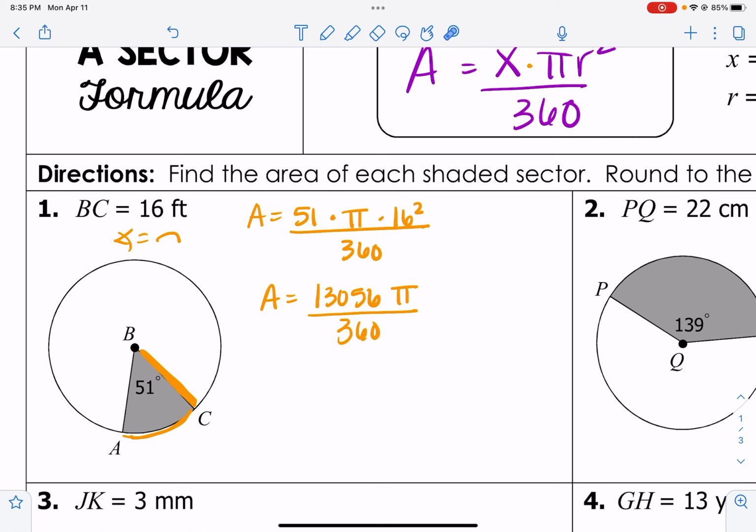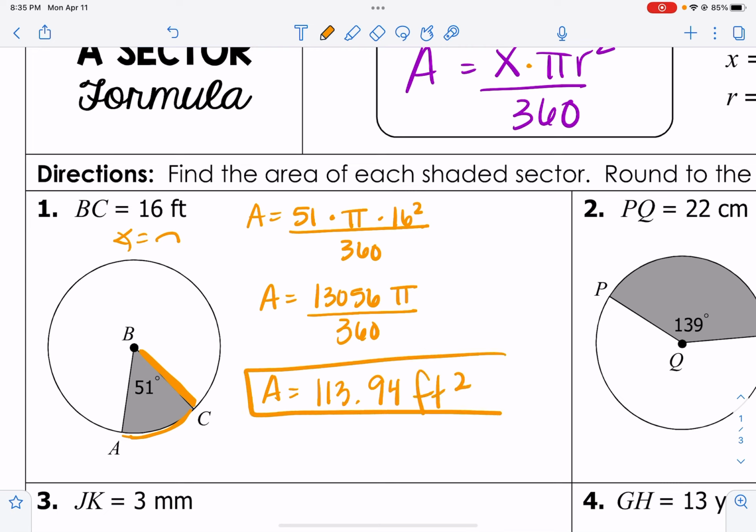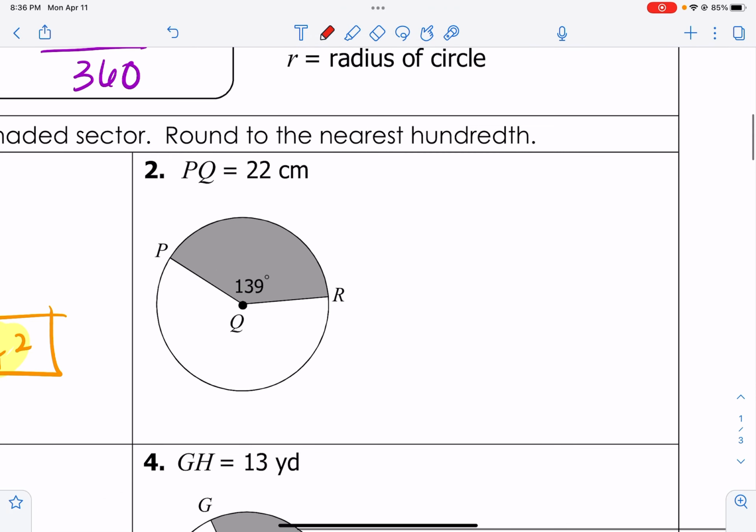And then we divide by 360, and I get that the area is 113.94 feet squared. Don't forget that because it's area, we've got to go with square units. That's it. We're just finding the piece of pie that fits our shaded part using the formula.